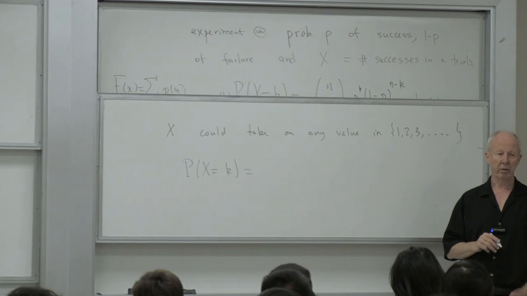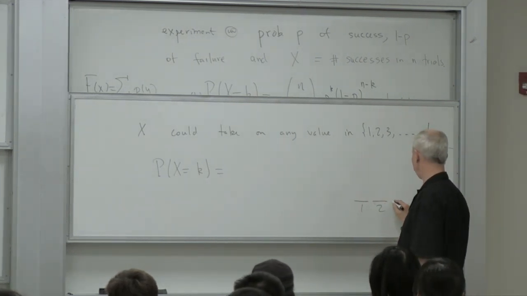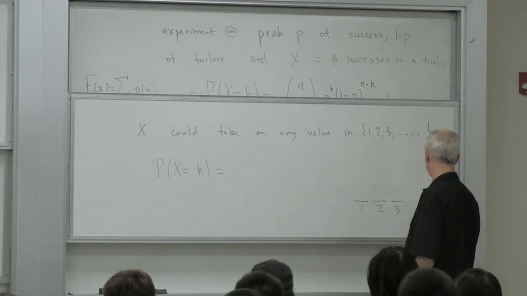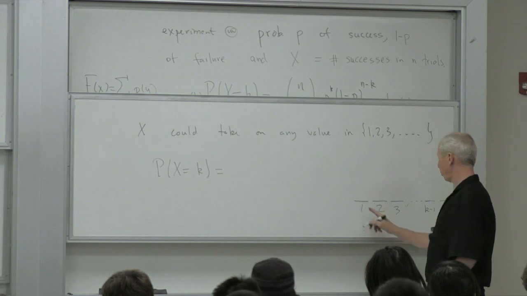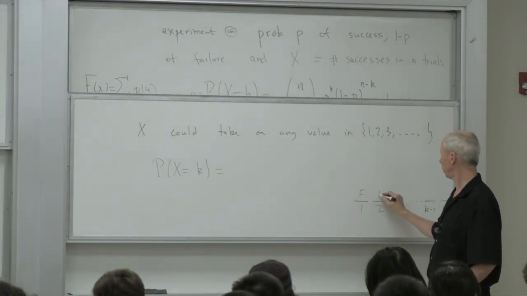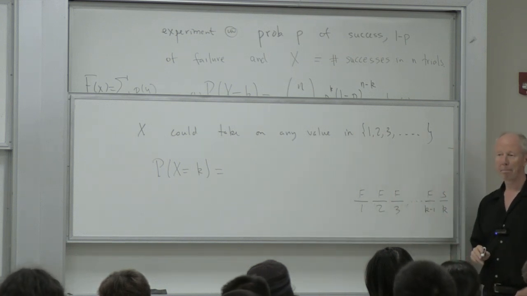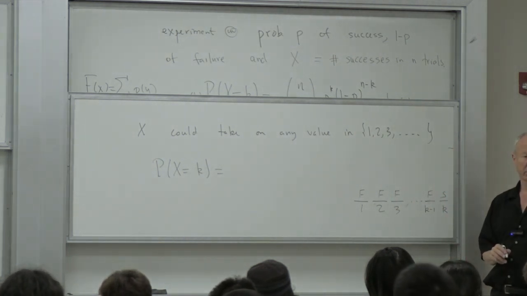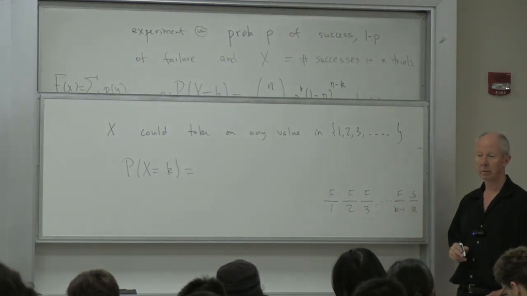Well, what kind of outcome do we have to have for this to be true? I'm going to record the outcomes here. What do I have to have here? Failure, failure, failure, failure, success. And what's the probability of this sequence?